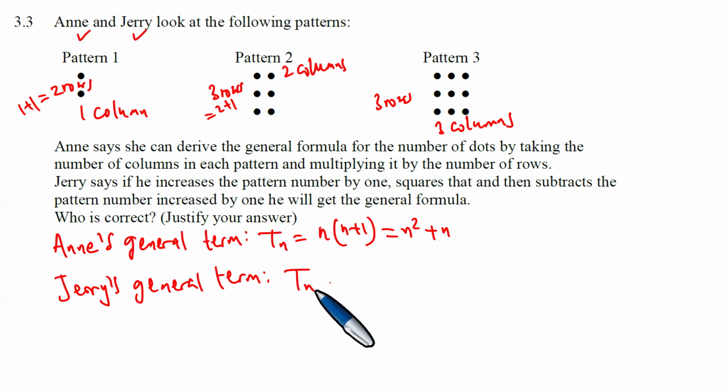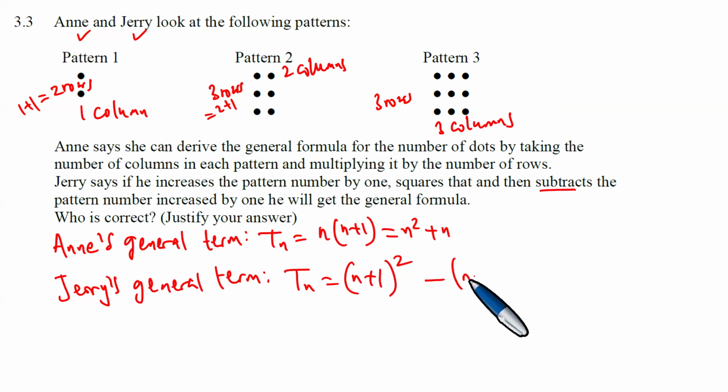So he takes the pattern number, which is n, and increases by 1, and he squares that. And then he subtracts the pattern number increased by 1. You will get the general formula.